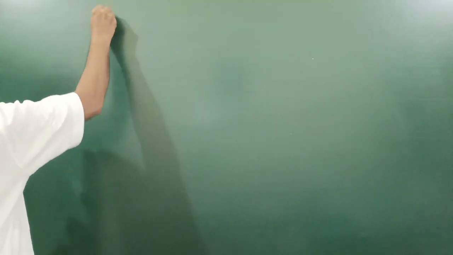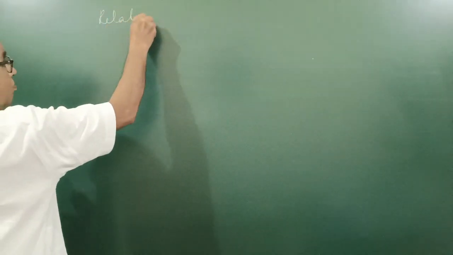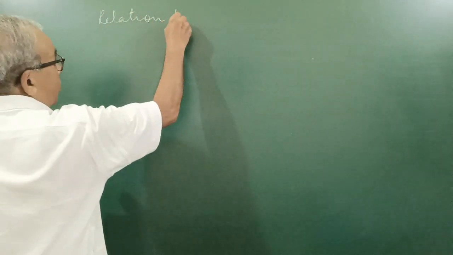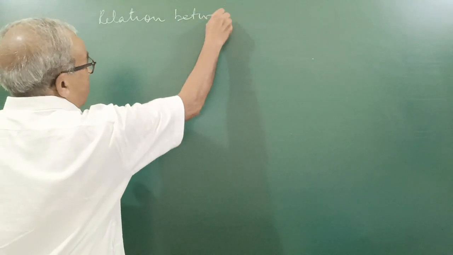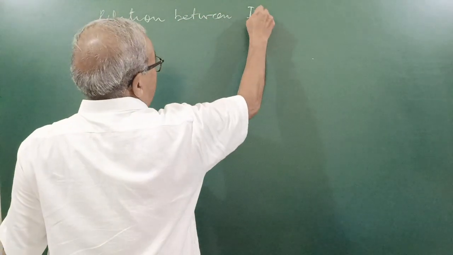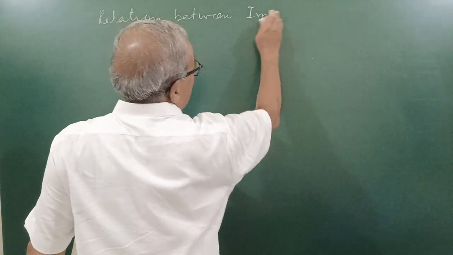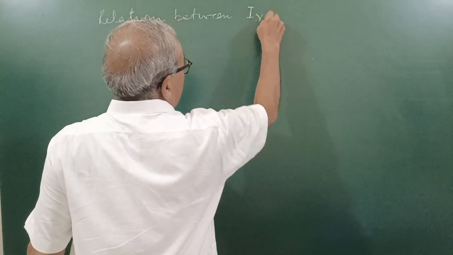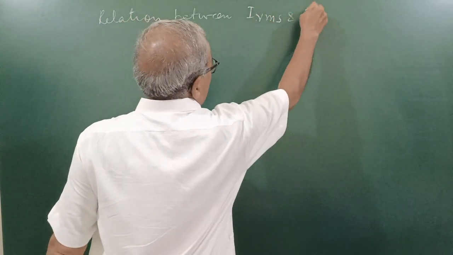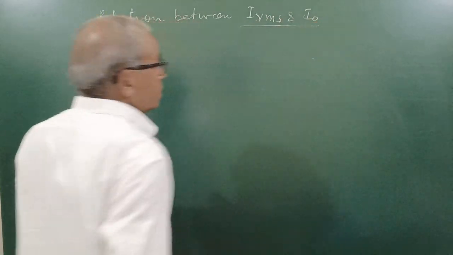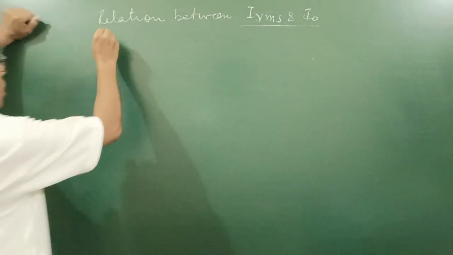So now, what is the relation between IRMS and I0, the peak value of current? So I start like this.